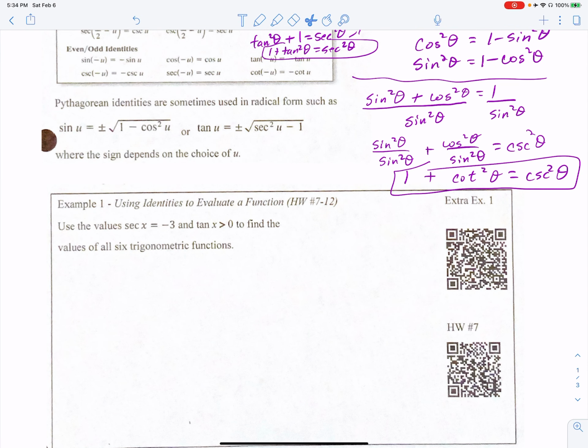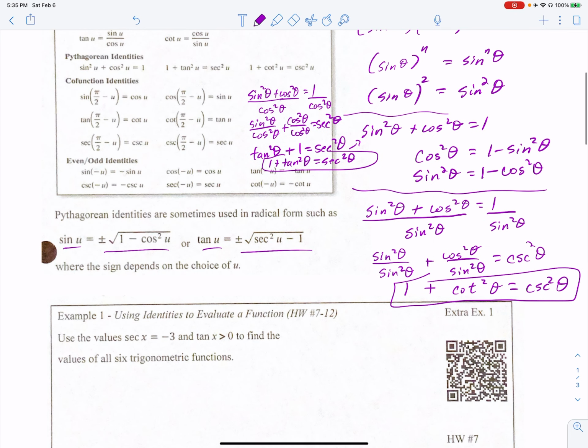Sometimes Pythagorean identities are in radical form, such as sine u is plus or minus the square root of 1 minus cosine squared u, or tangent of u is plus or minus the square root of secant squared u minus 1. And that is basically taking this identity solving for sine u, and when you take the square root, you get plus or minus, or taking this one solving for tangent, and when you take the square root, you get plus or minus.